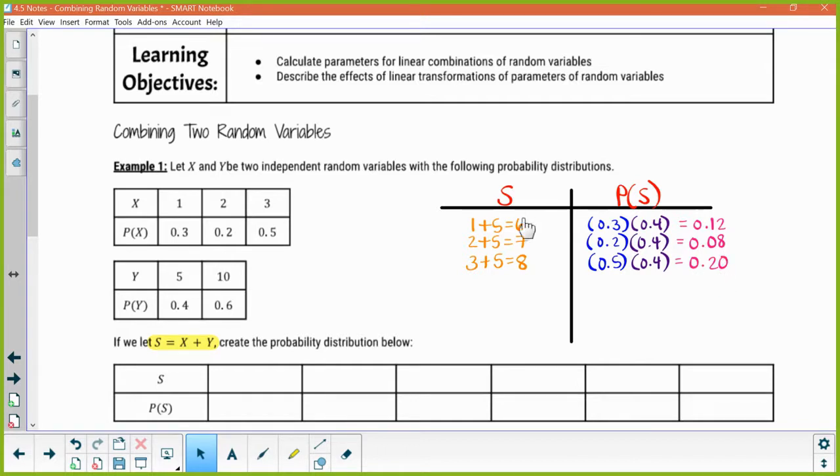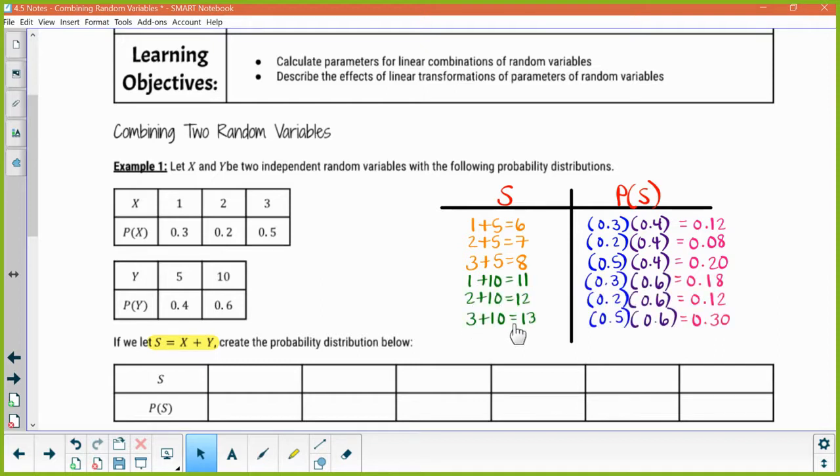And then I did the same thing for Y value of 10. I did 1 plus 10, 2 plus 10, 3 plus 10. I did their multiplication because two events are occurring at the same time. I got 0.18, 0.12, and 0.30.